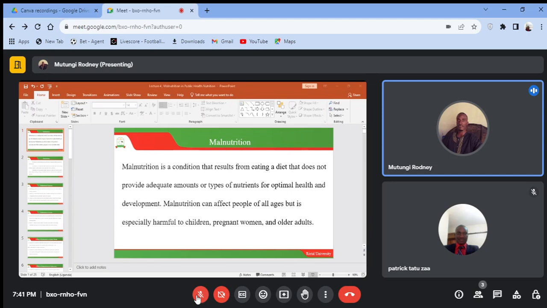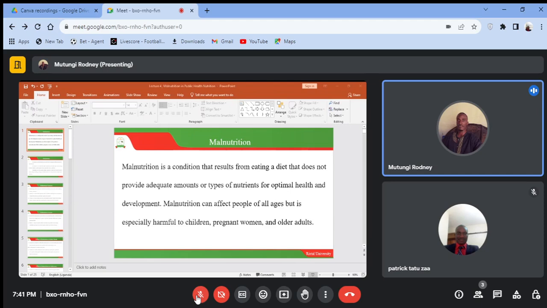In that case, it will be called biofortification. But also, it can be fortification in a way that processed food is enriched with these micronutrients. You've seen milk which is fortified, for example, with vitamin A. You've seen cooking oil which is fortified with vitamin E. So that fortification also does the job of micronutrient supplementation.